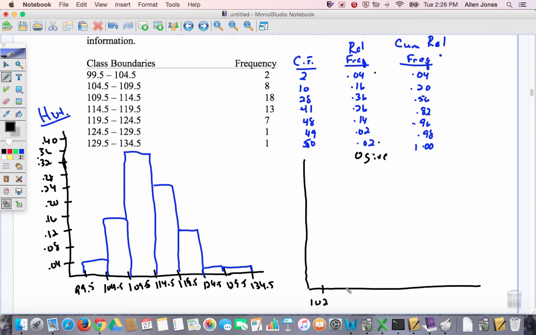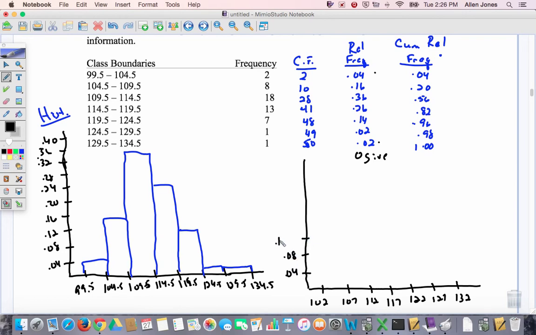I'm going to start over here with our ogive. Our ogive, as you recall, uses the class boundary or class midpoints. So I'm going to put those in here from our previous problem: 102, 107, 112, 117, 122, 127, and 132.